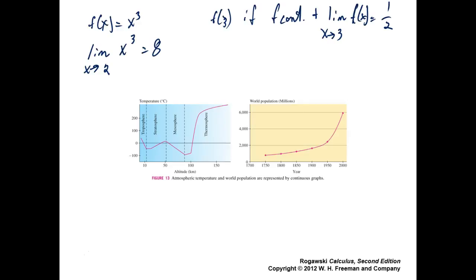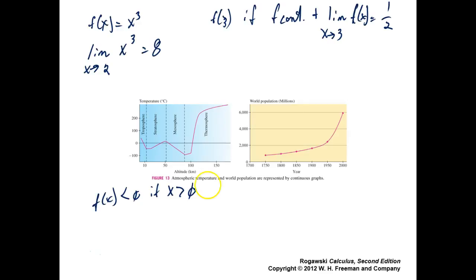Okay. Number 3. Suppose that f of x is less than 0. So here's your given, f of x less than 0, if x is greater than 0.